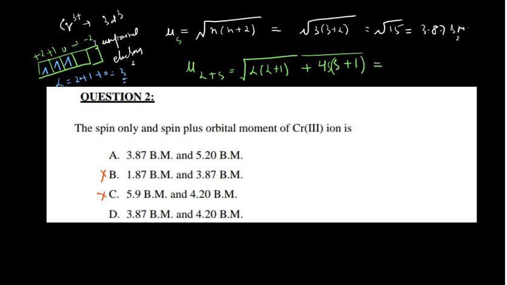Putting those values, you can write 3 multiplied by 3 plus 1, plus 4, then your spin, you see 3 unpaired electrons are there, so spin would be 3 by 2 in that case.